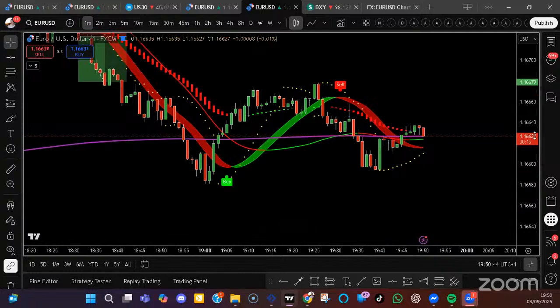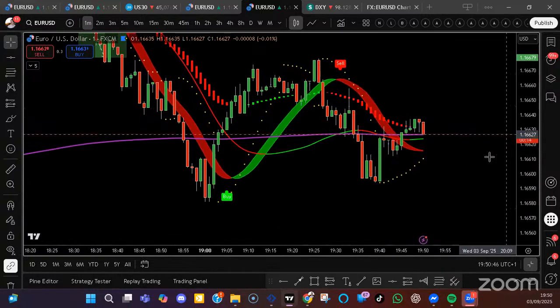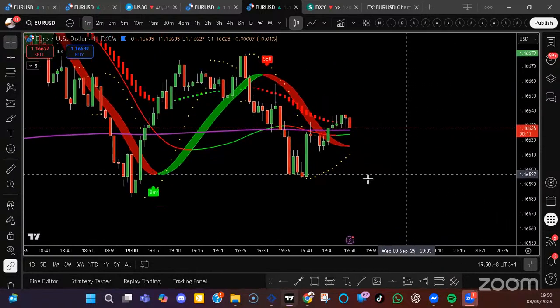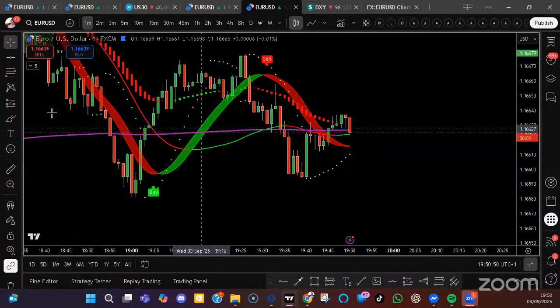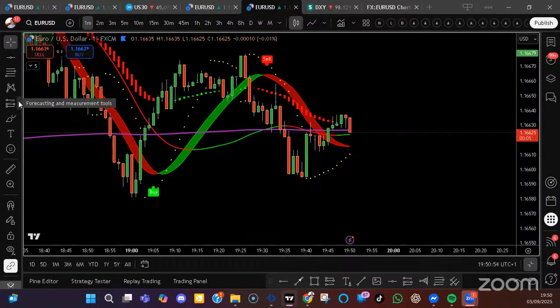Again, I'm not super mad crazy to start trading. We're in the buy zone, so effectively on the EUR USD, we can take the next buy because we've got that confirmation of price getting into that zone.